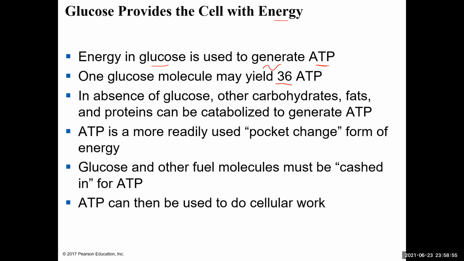If there's no glucose, the body can break down fats and proteins to make ATP. And the ATP you can primarily think of as like your pocket change. So you're going to use that right before you use any other form.